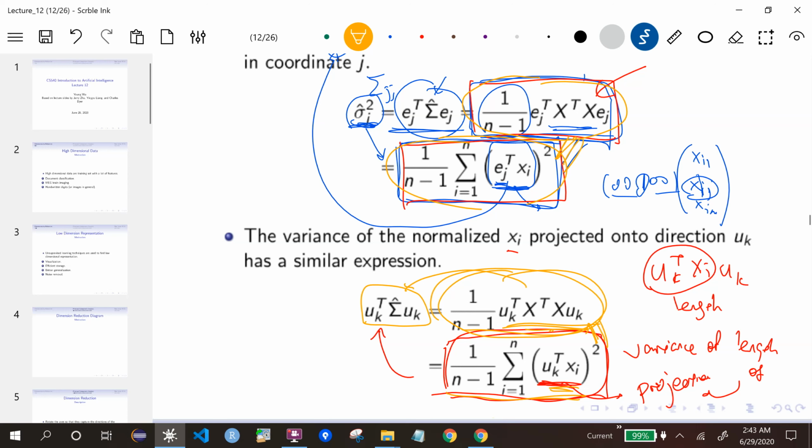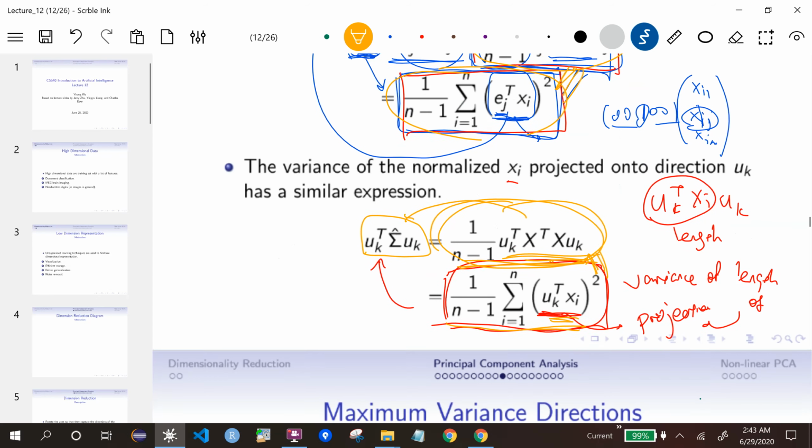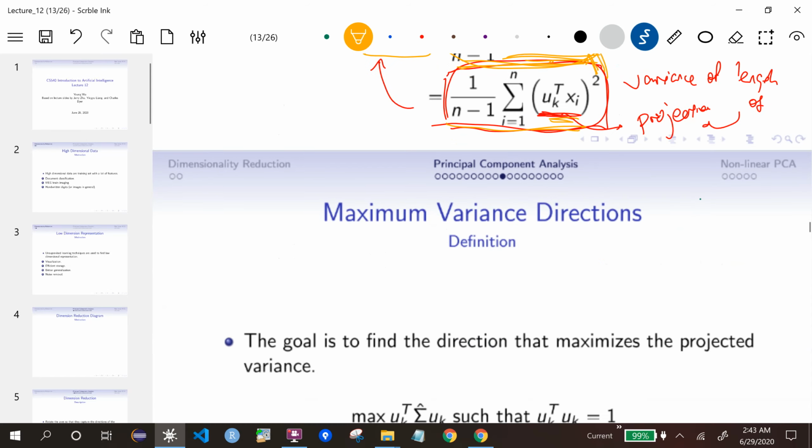Okay, so hopefully you are clear what we're doing here. We're just doing some kind of algebra to get an expression like this as our variance. Okay, so let's continue.